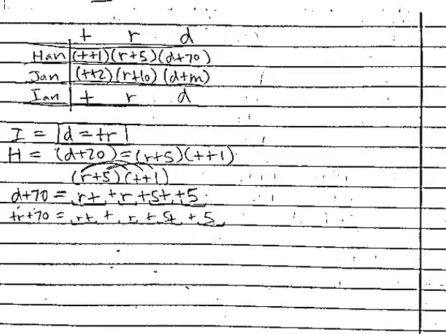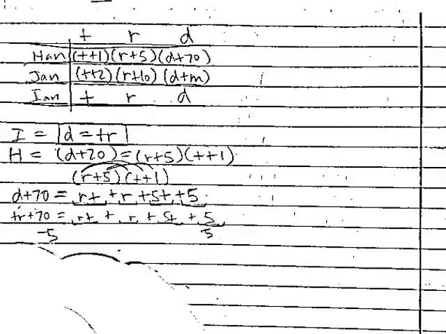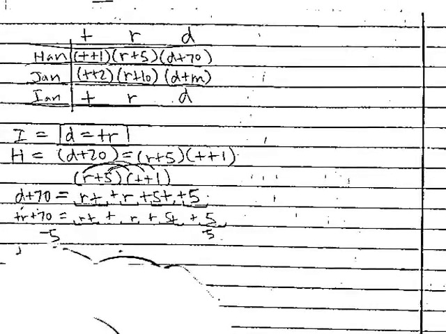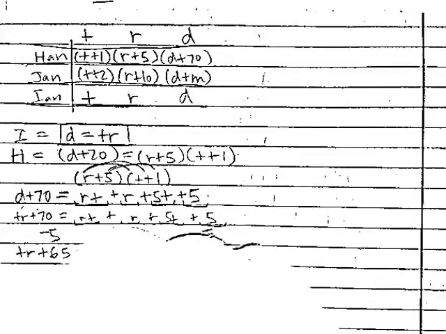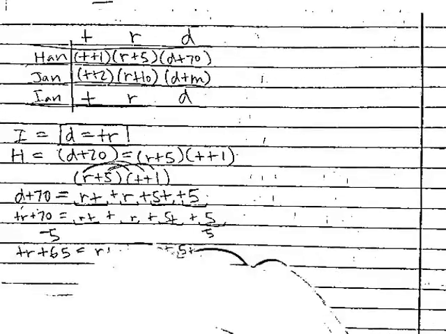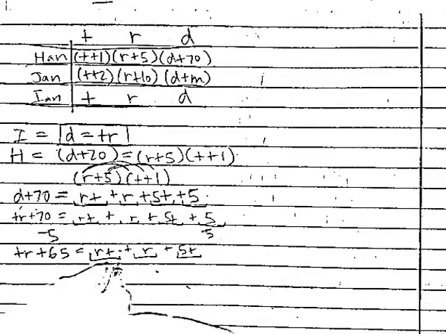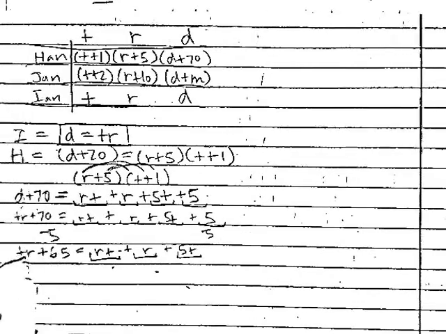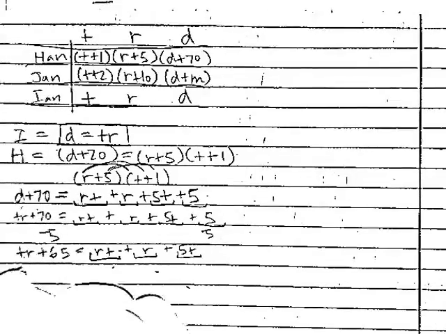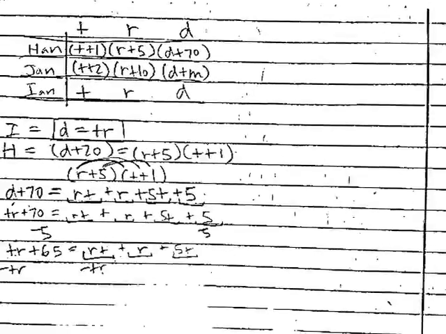If I subtract 5 from both sides, then I get TR plus 65 equals RT plus R plus 5t. Then if I switch these around, this would also be RT, so if I subtract TR, this and this are the same because they're multiplied.